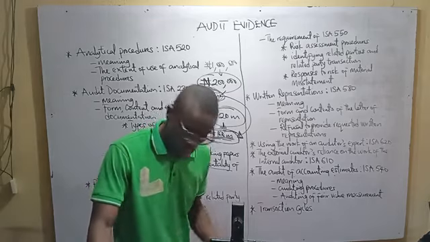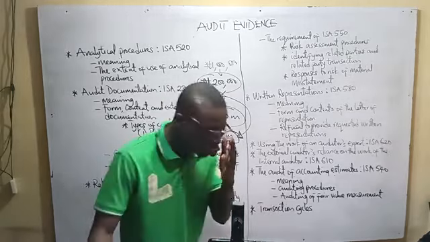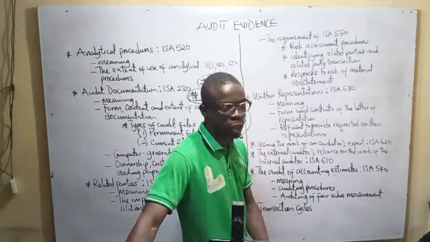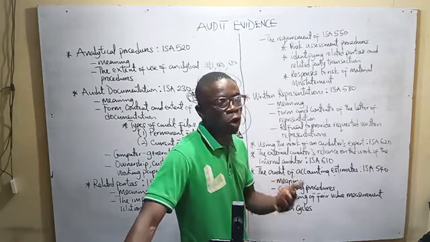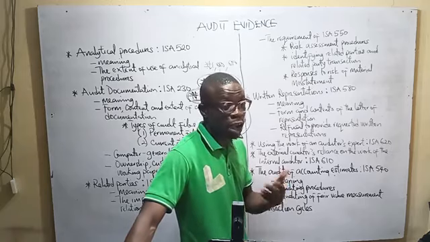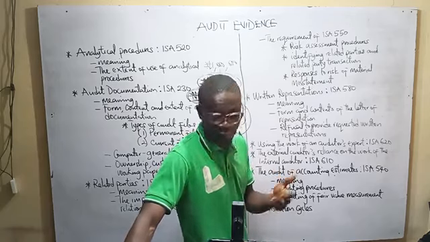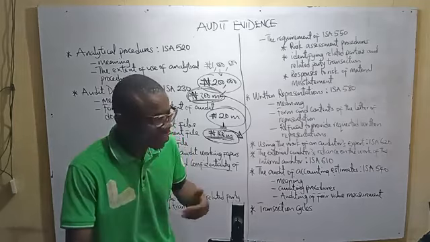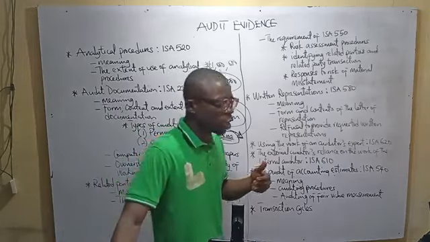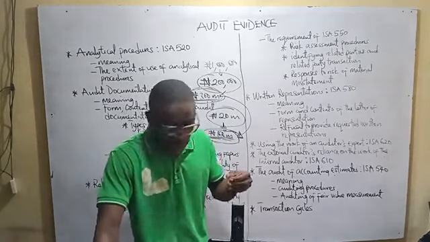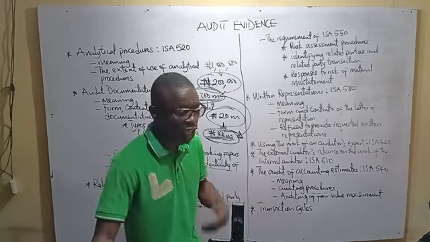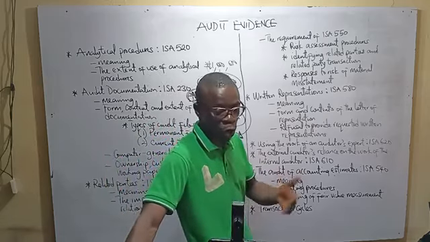Okay, let's go to control risk. What is control risk related to auditing of fair value measurement? That means the inability of the internal control system to detect whether there is error in the valuation technique that is used for the fair value measurement. These are the risks that the auditor will consider.